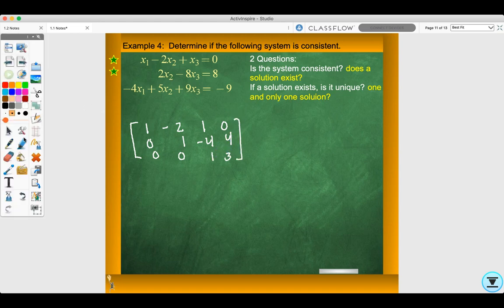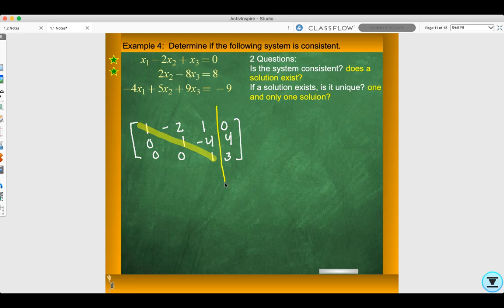So this right here, when I have ones across the diagonal, this is on the coefficient matrix side, this is triangular form. And it's upper triangular because all the entries are above the diagonal.